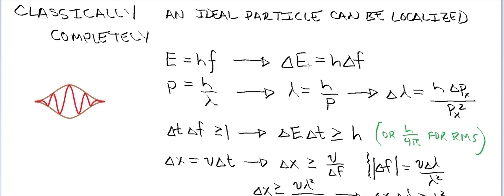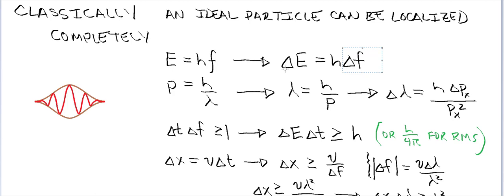So from that, we could argue that delta t times delta f would have to be greater than or equal to 1, right? Another way of saying that is 1 over delta t has to be less than or equal to delta f. Hopefully that's okay. So if you're comfortable with this idea that delta t times delta f has to be greater than or equal to 1, well, we already have a statement for what we mean by delta f.